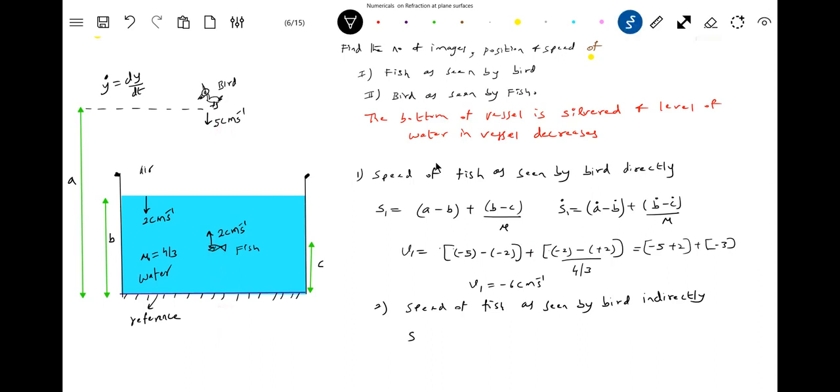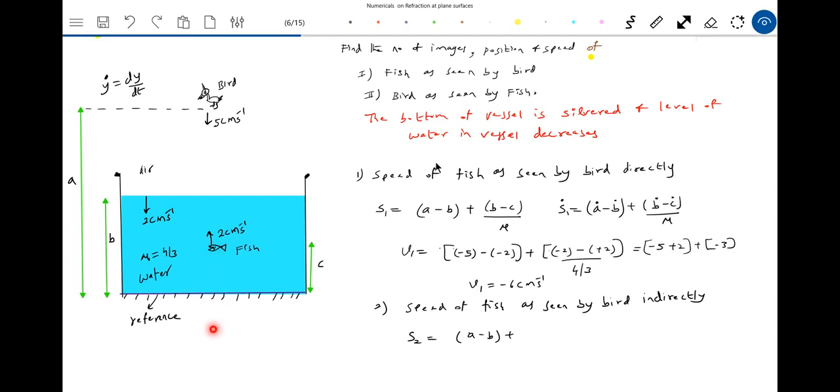So S2 is equal to first the distance of the bird from the boundary, A minus B. Then the fish is at a distance C. First the rays emitted by the fish will strike the mirror and form image F dash, and the rays reflected by the mirror will undergo refraction and pass through to the bird. So everything will appear like a liquid for us.